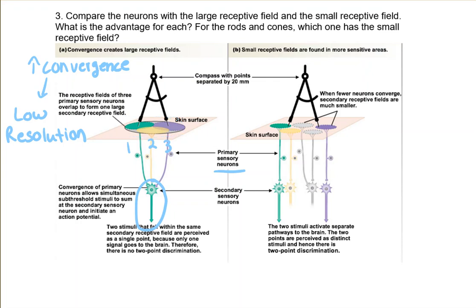Let's compare this to this green secondary neuron on the right. So in this scenario, we have low convergence, which is related to high resolution.